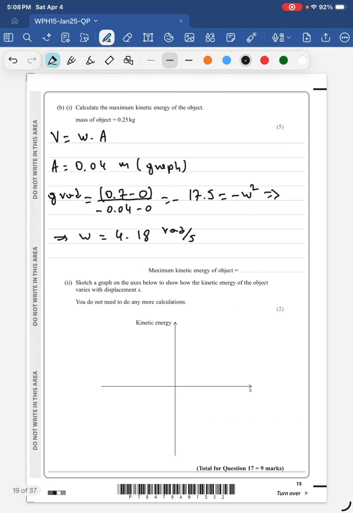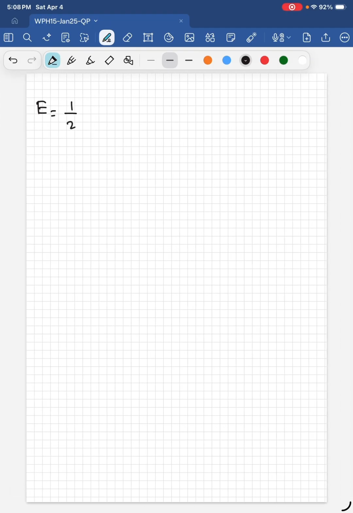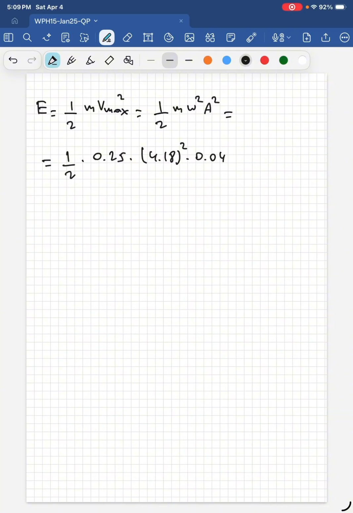So the energy, they ask for the maximum kinetic energy of the object. So this is equal to 1/2 m v max squared, which is equal to 1/2 m omega squared a squared, which is equal to 1/2 times 0.25 times the omega we just calculated, 4.18 squared, times 0.04 squared, which yields 3.5 times 10 to the negative 3 joules, which is the answer.